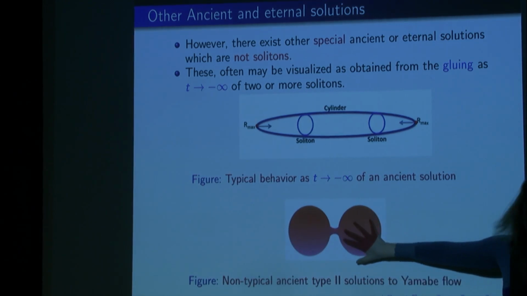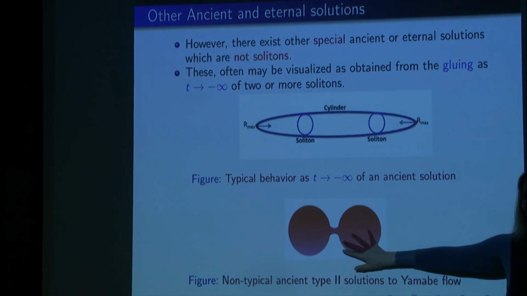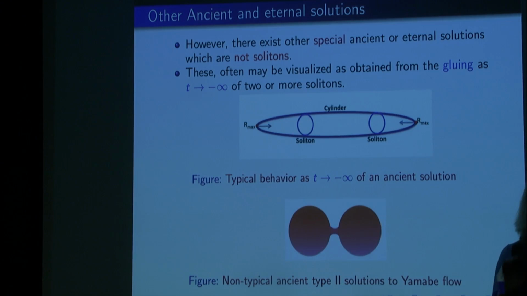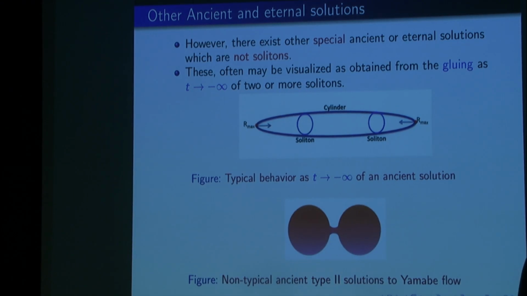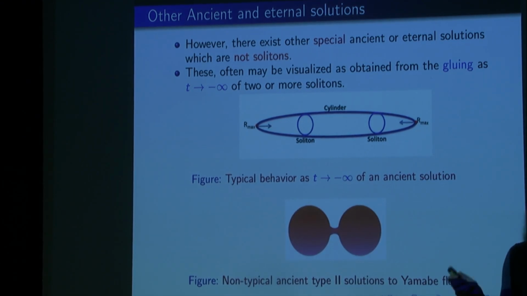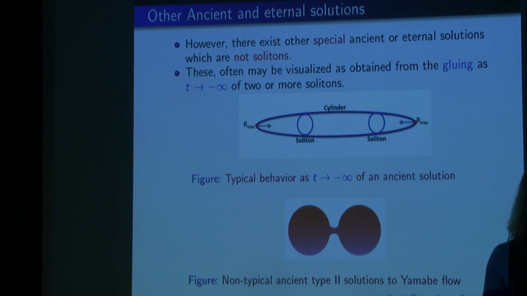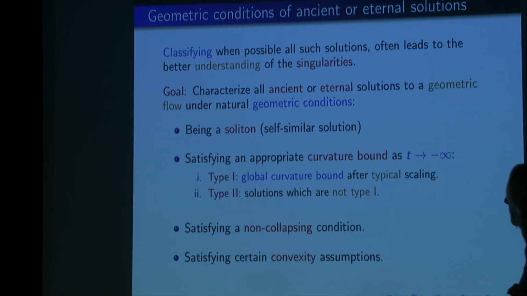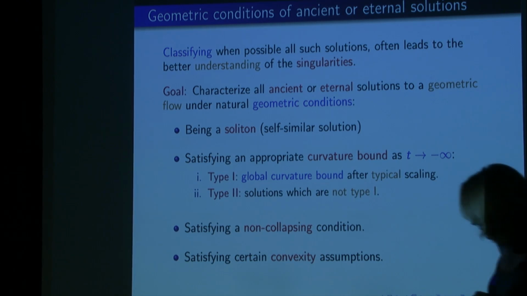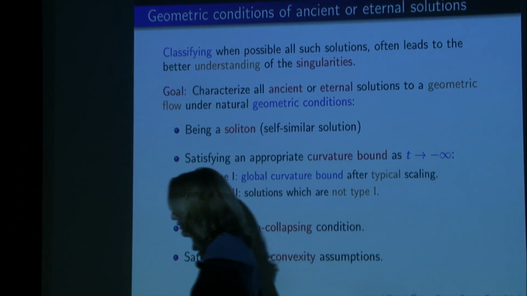So these are not typical examples. They're kind of weird examples, but these are very typical examples. And knowing that these are the only ones is very important, because it makes our life easier when we classify singularities. Okay.